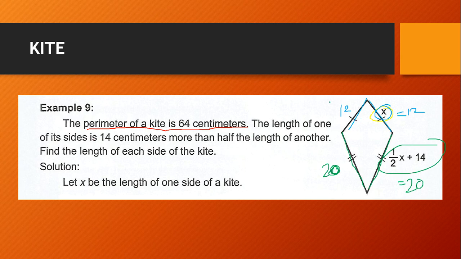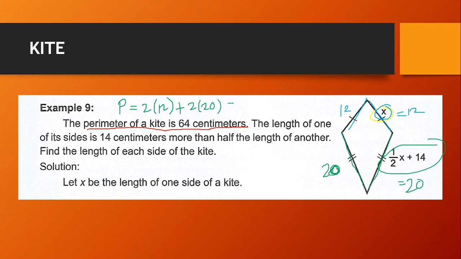So dapat inig-add sa upat, may mo siyang 64 centimeters because perimeter man siya, no? Balik ta sa definition sa perimeter. So ang perimeter is the sum of the distance outside the kite, no? So perimeter P is equals 2 times 12, plus 2 times 20.